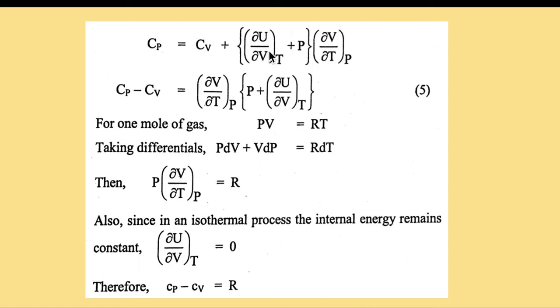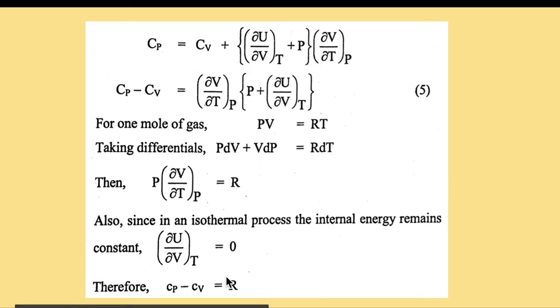And now you are left with this term, du by dV at constant temperature. There, we will use this concept. Since in an isothermal process the internal energy remains constant, we can write du by dV at a constant temperature equal to 0.